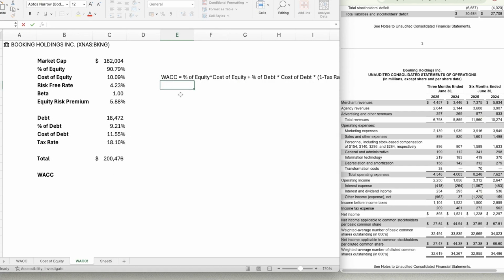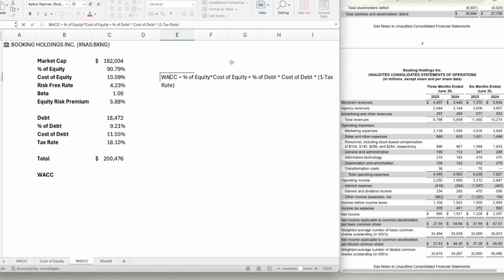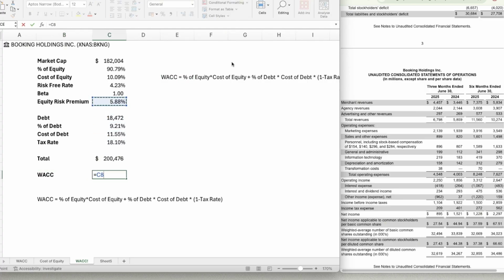So we know that. I'll just put this down here so that it's a bit more visible. So that's the WACC. So let's do it. It equals the percentage of equity multiplied by the cost of equity plus the percentage of debt multiplied by the cost of debt multiplied by 1 minus the tax rate.